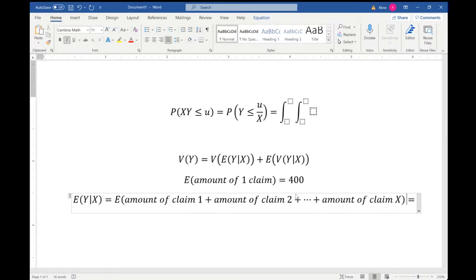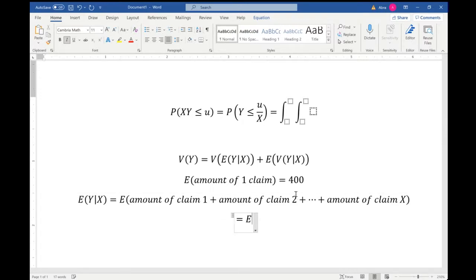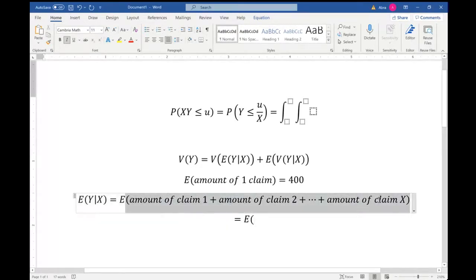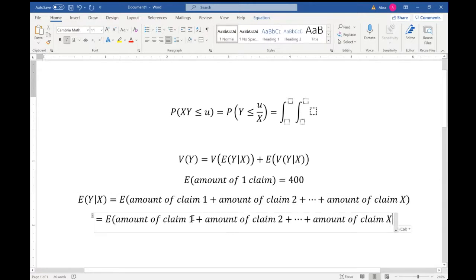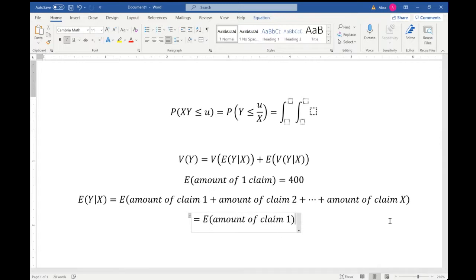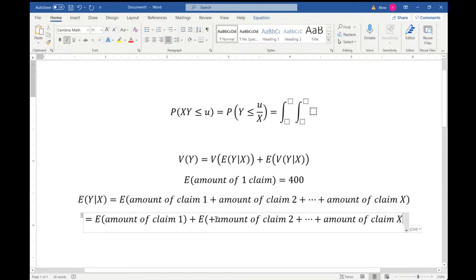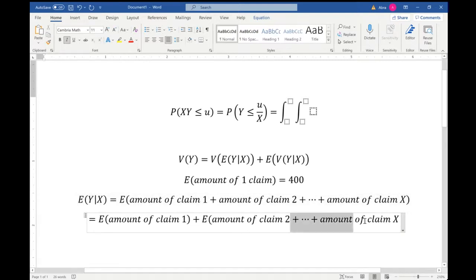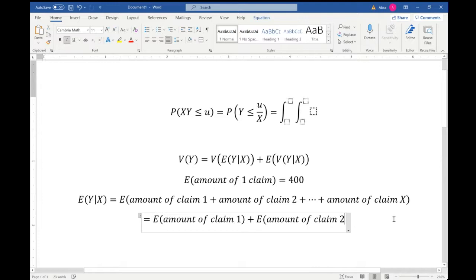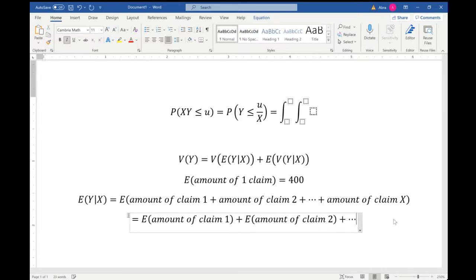But then we can split that up across the addition. So we can say it's the expected value of the amount of claim 1 plus the expected value of the amount of claim 2 plus ... Right.